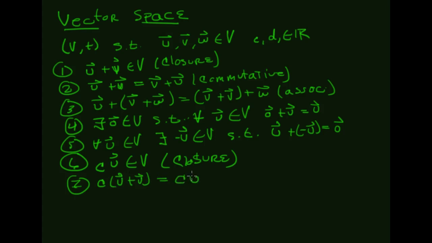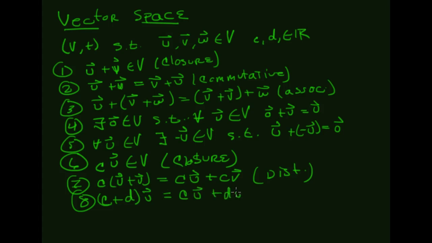So c times u plus v is cu plus cv. That's a distributive property. Number 8, I get a distribution vector to scalar. So this will still hold. That's also a distributive property.